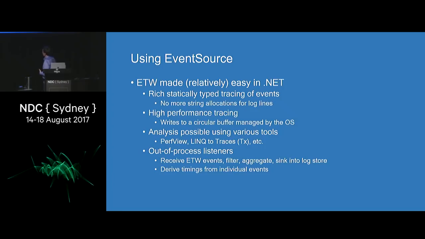EventSource is based on ETW, Event Tracing for Windows, which is a very low-level API. By using the EventSource class inside .NET, you can piggyback on that infrastructure. In fact, tools like PerfView are purely listeners to ETW events. As soon as you're in ETW, you can see your events ordered in time amongst a whole bunch of other events that are happening.